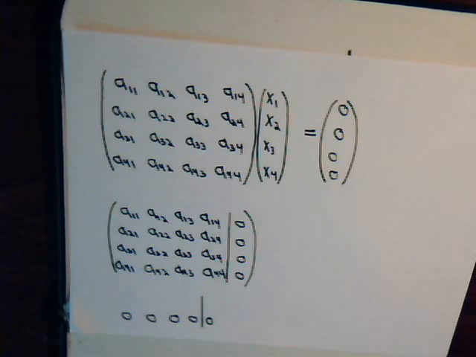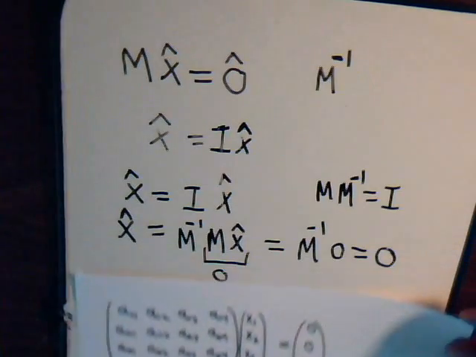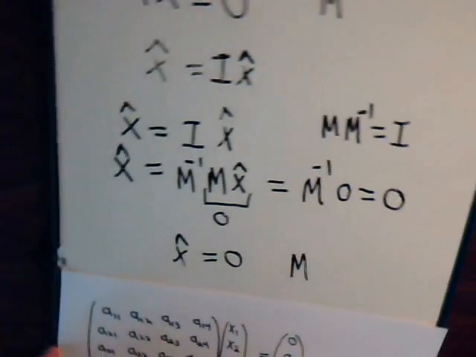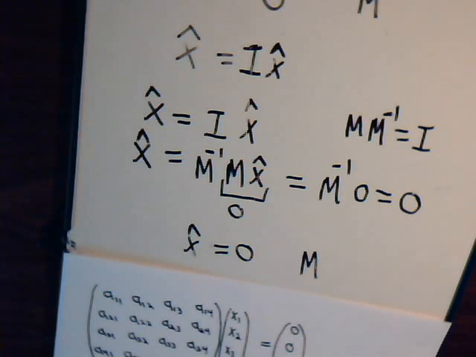We've gone over this now several times in our previous videos, but for our problem, the way it was set up, we don't have an infinite number of solutions. We only have one solution. All these components of the column vector x have to be 0. That's the only solution that exists.